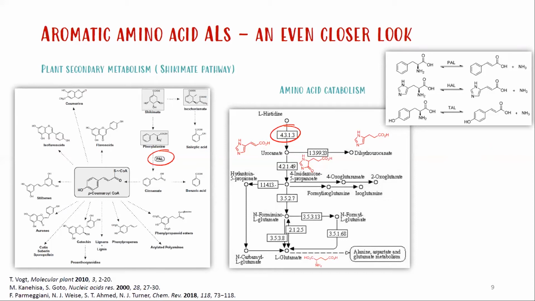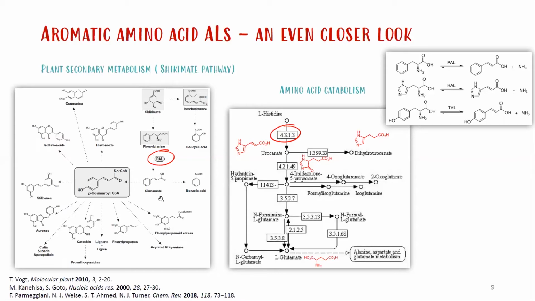So they are basically key players in many metabolic processes. So for example, in plants, they are one of the key enzymes in the Shikimate pathway. So in plant secondary metabolism, this pathway is responsible for the formation of many polyphenols, such as flavonoids, coumarins, you see lignins, and so on.